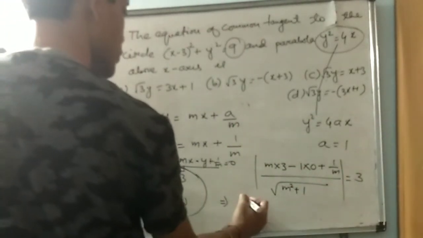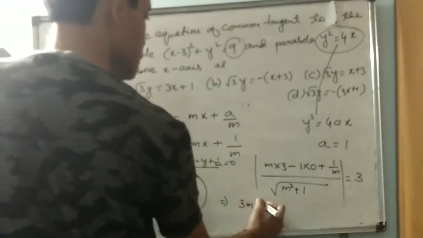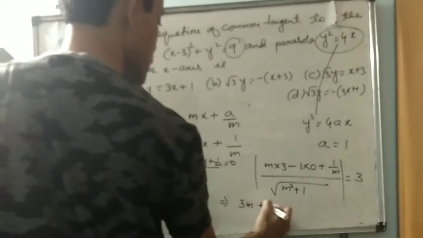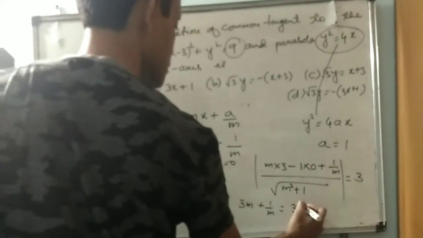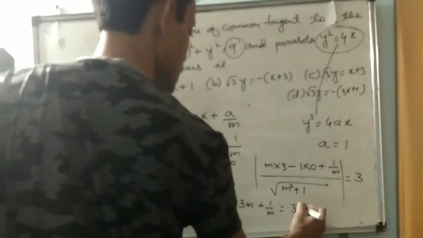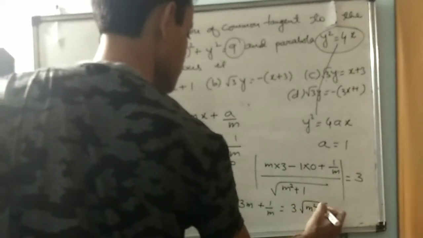Now on simplification we are getting 3m plus 1 upon m is equal to 3 into under root m square plus 1.